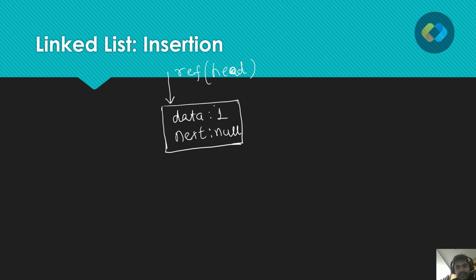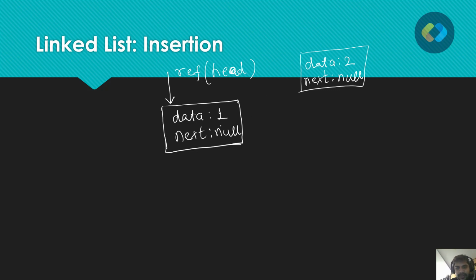Now suppose I want to add one more node at the end of the list. Right now we have only one element, so I want to add one more node whose data is 2, and I want to add this node at the last of the list. If it is at the last, its next pointer will be null because it will not be pointing to anything.